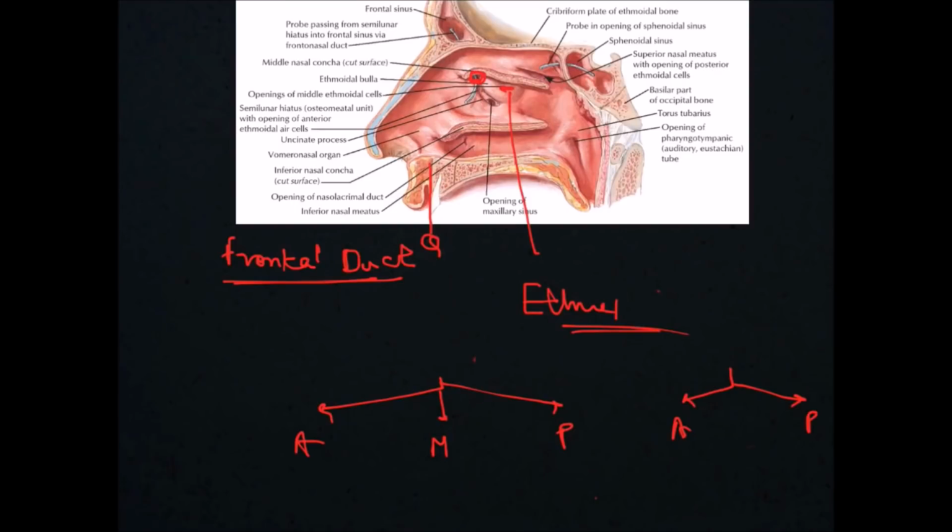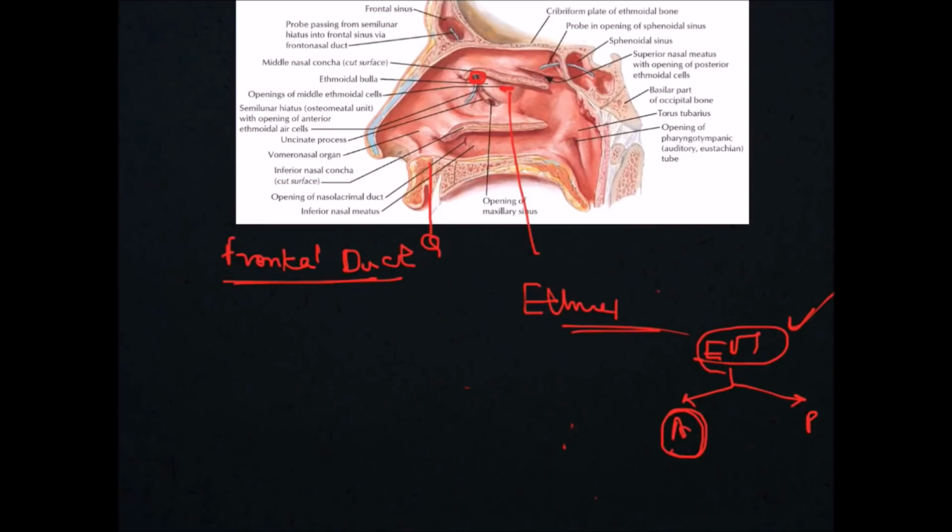So according to ENT, the anterior group of ethmoidal air cells open on the bulla ethmoides. According to anatomy, the middle ethmoidal air sinus opens into the bulla ethmoides. So this is a controversial point which you must remember, but according to me you must remember the ENT version. So I prefer remembering anterior ethmoidal air cells open into the bulla ethmoides.